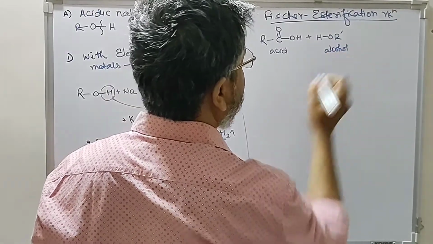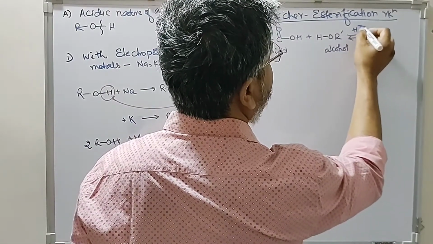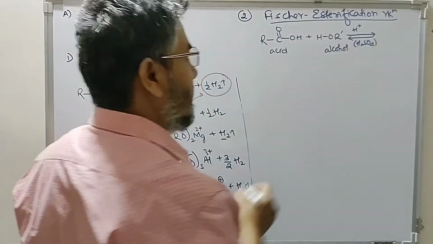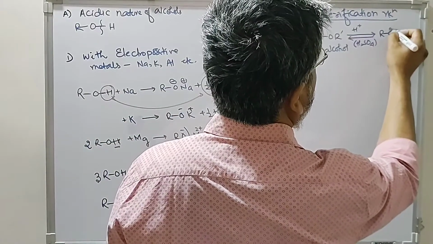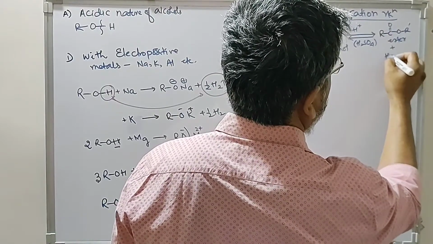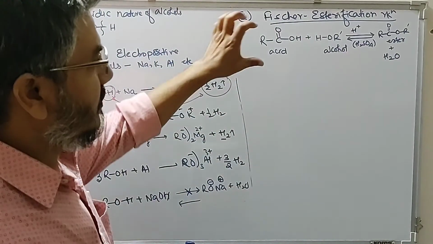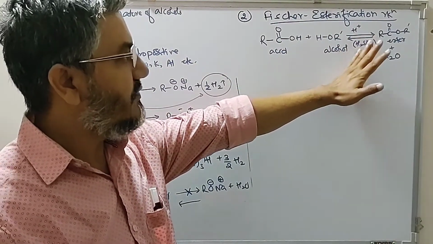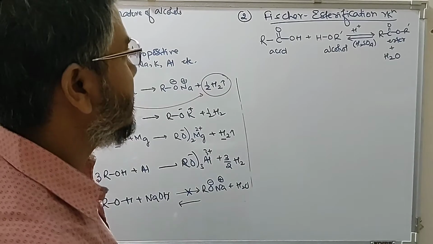So the reaction of acid with alcohol in presence of a mineral acid, normally sulfuric acid taken as the catalyst, gives rise to esters plus H2O. So this reaction of carboxylic acids with alcohol in presence of sulfuric acid giving rise to esters and water is known as Fischer esterification.